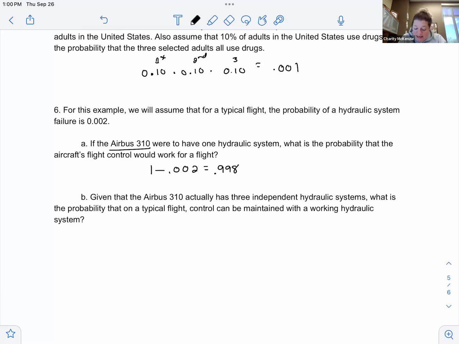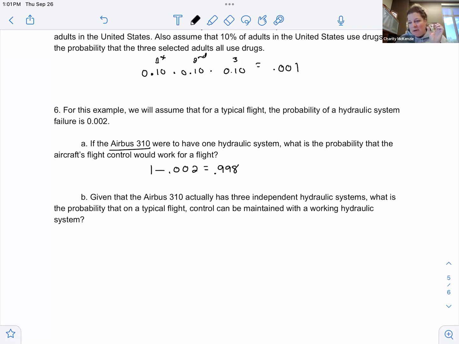Okay, so part B, given the Airbus 310 actually has 3 independent, they don't have anything to do with each other, systems, what's the probability that on a typical flight control can maintain with a working hydraulic system? That's worded a little bit bad, but I stole this from the book, so I don't know.